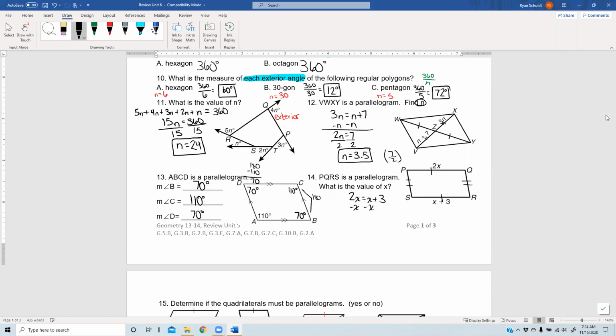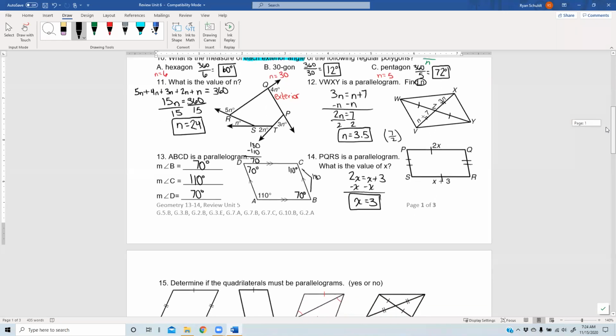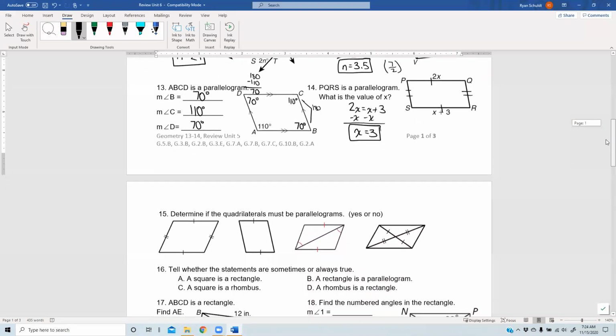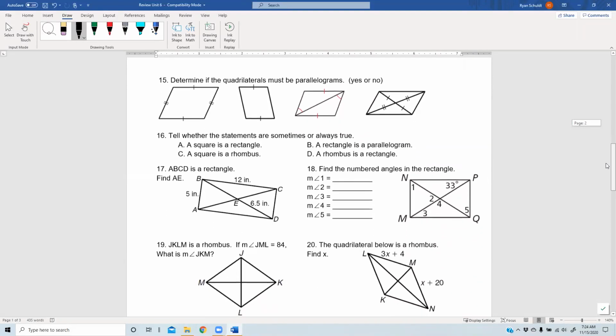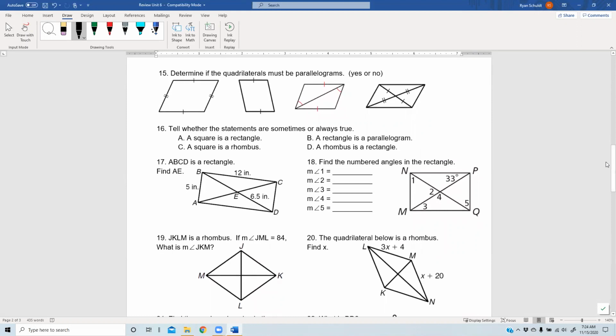Subtract x. 2 minus 1 is just x equals 3. Okay, on to the next page.